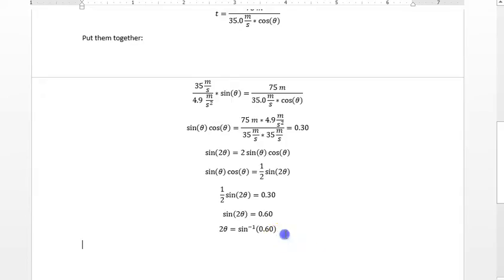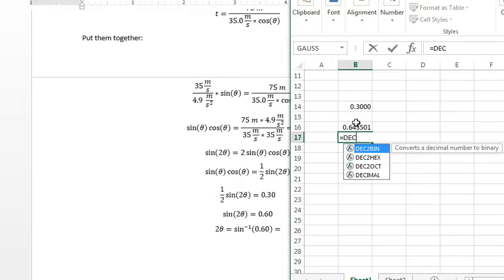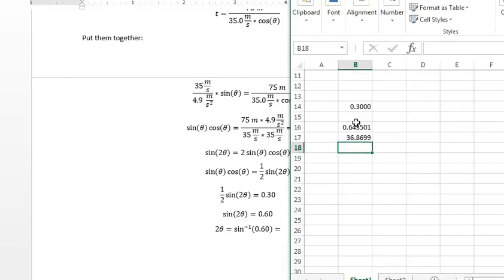All right. Let me go get what that equals real quick using Excel. Okay, so the inverse sine of 0.60, and in Excel it's always going to be in radians, so I have to convert that to degrees.